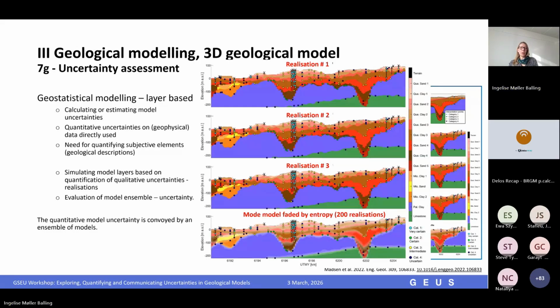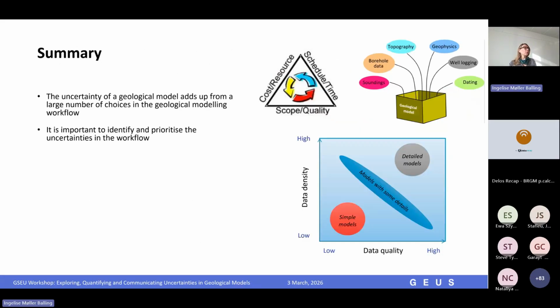Now for the summary of this presentation. The uncertainty of a geological model adds up from a large number of choices in the geological modeling workflow. It's important to identify or prioritize the uncertainties in the workflow. It's impossible to make a complete quantification of the uncertainties in a geological model.